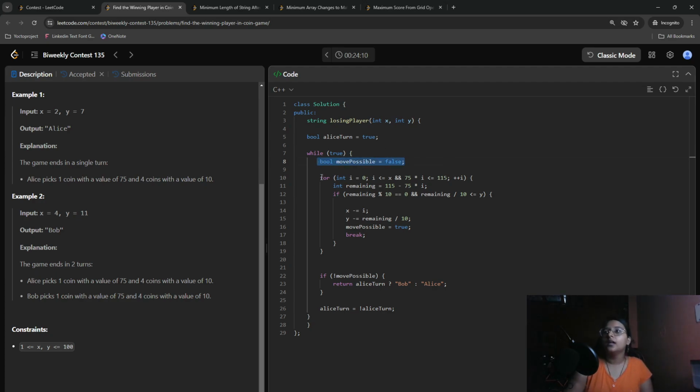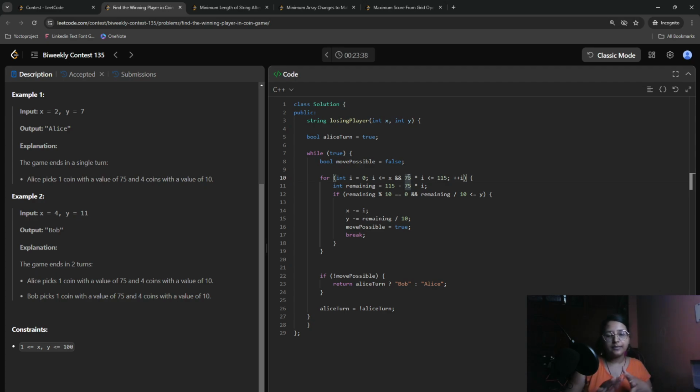Now the next thing, here at this point we are checking for the value 75, that for this denomination of coin how many coins are there, and taking that many coins such that the sum is less than 115. That is what we are doing. So first, for i equals 0, when we are not selecting any 75 coin, we are checking that i is less than or equal to x, that is the count of 75.